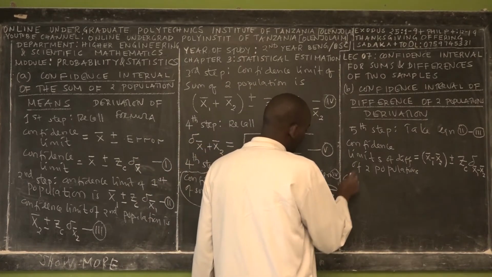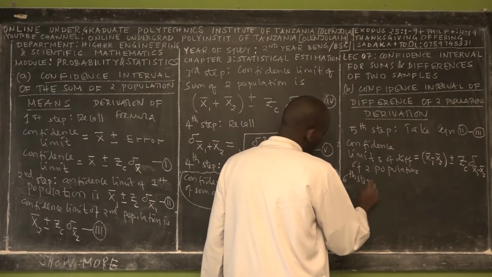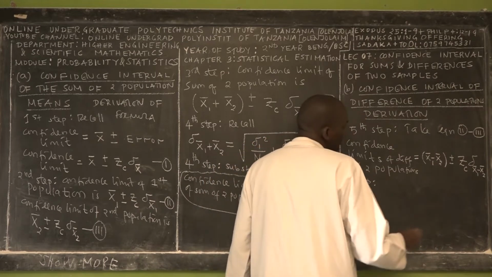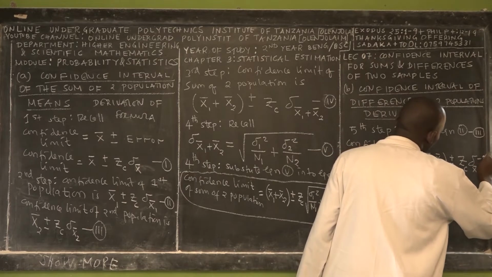Again, we get the sixth step. Suppose that this is equation 6.